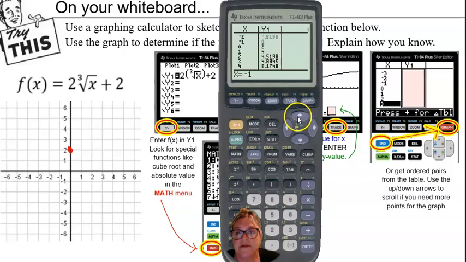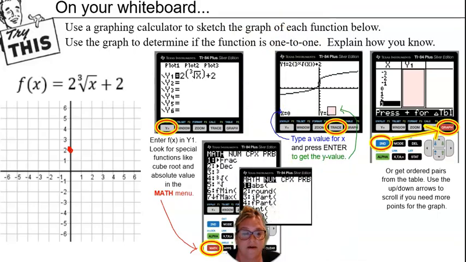You can use the up and down arrows to show positive and negative values, and we're looking for whole number values, so -1, 0, 0, 2, and 1, 4 would all be whole number values that we can use to sketch the graph of the function.